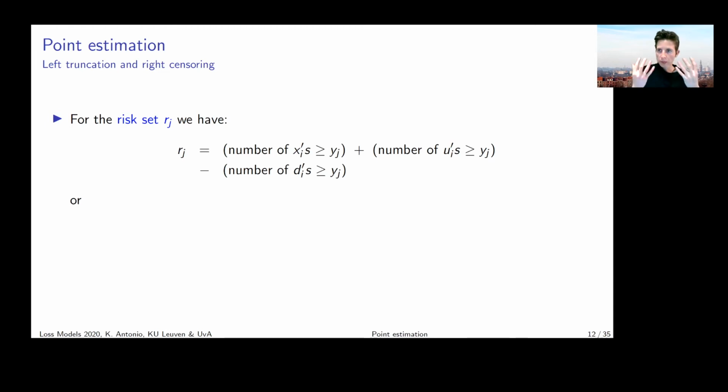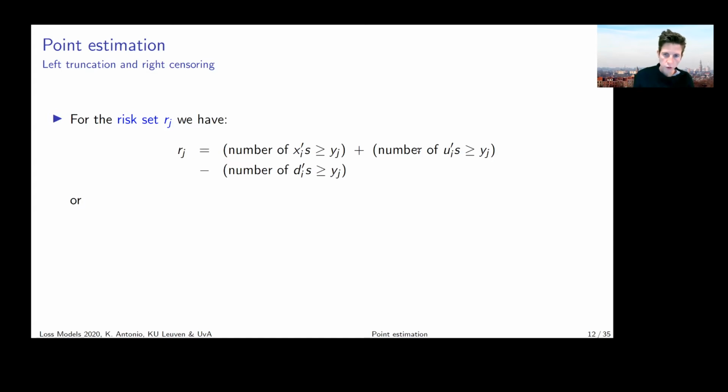That is, of course, because if you look at left truncation, and if you have a di, a left truncation point that is larger than or equal to yj, then the observation that comes with this left truncation point di cannot be part of the risk set rj, because that observation will always, if it is in the sample, take a value larger than the left truncation point, right?